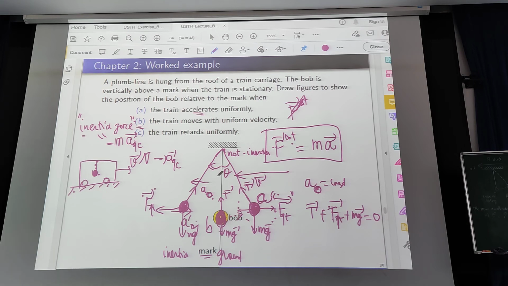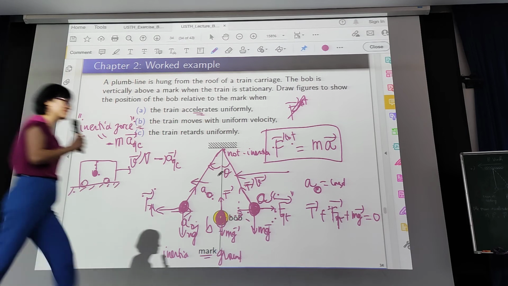Now we deal with this case with our non-inertial frame, and see whether we get the same results or not. So I use the frame of the ground, which is the inertial frame. I don't use the inertial force, to see if I get the same answer or not. Okay? Agree?